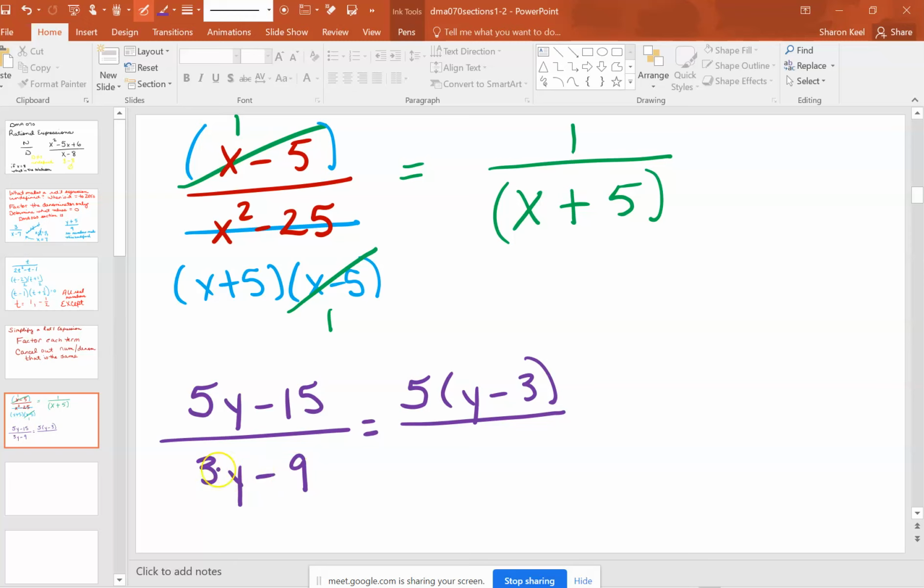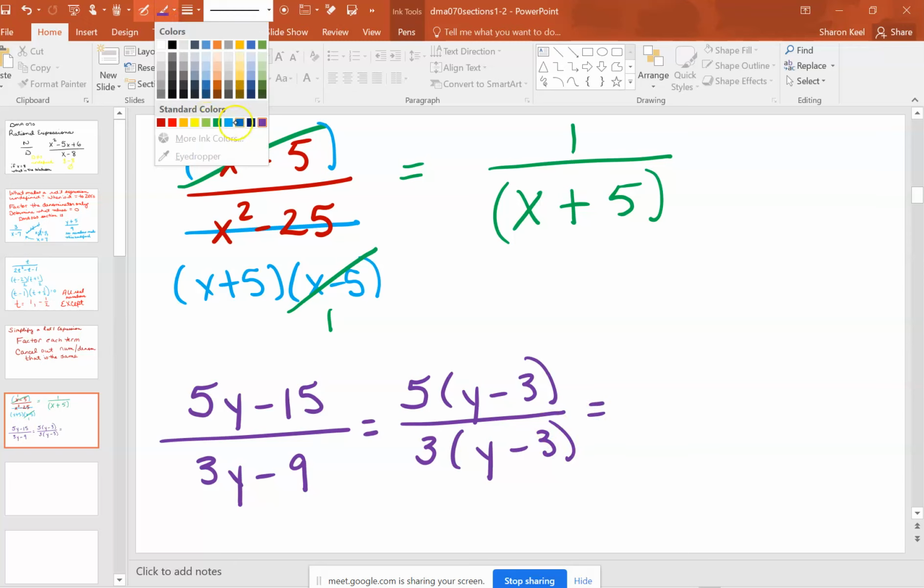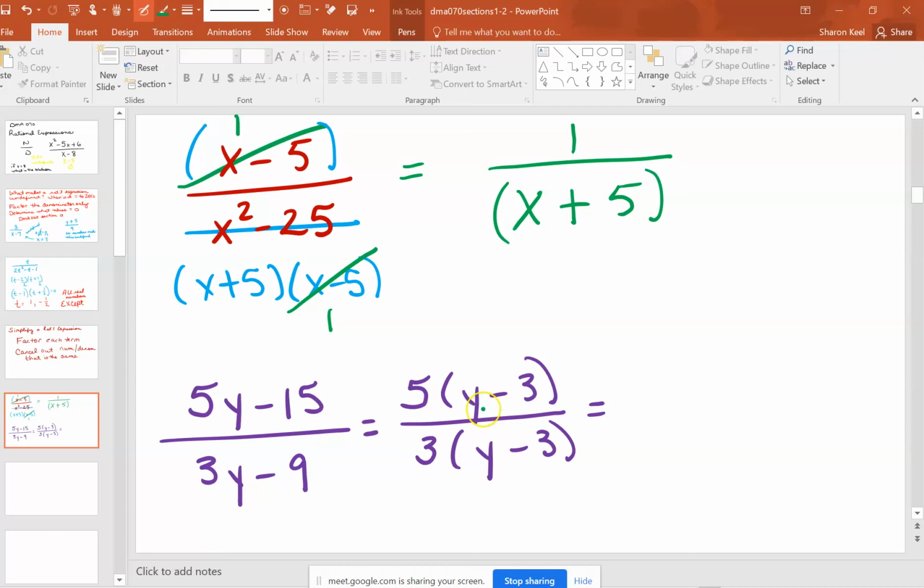In this denominator, I can factor out a 3, and that leaves me with a y minus 3. Now, what I have in common that can cancel is that y minus 3. So all I have left is 5 times 1 and 3 times 1. So I've got 5 thirds. And I'm done.